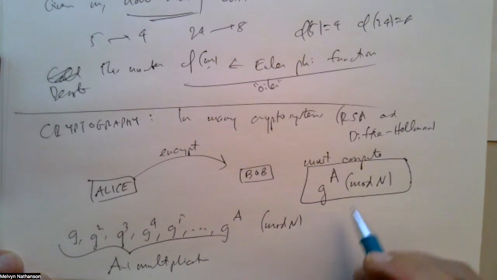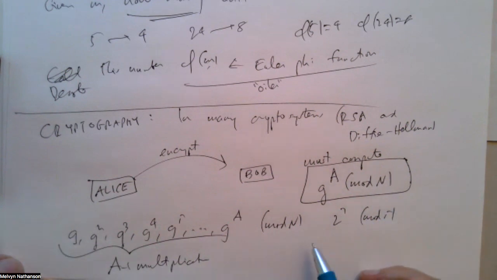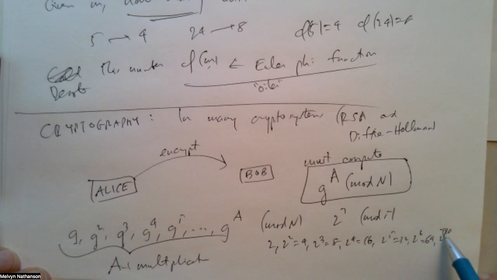Like, suppose you wanted to know what is 2 to the 7th mod 5. So you compute 2, well, 2 is given. 2 squared is 4, 2 cubed is 8, 2 to the 4th is 16, 2 to the 5th is 32, 2 to the 6th is 64, 2 to the 7th is 128.